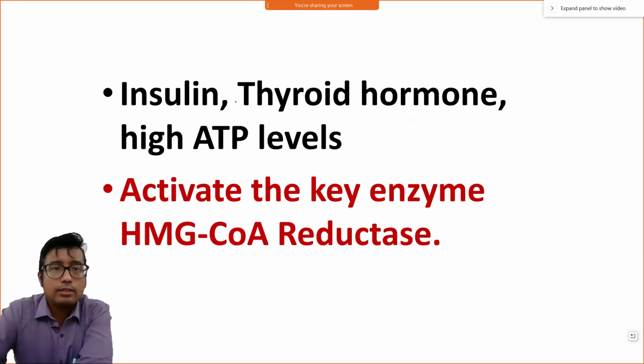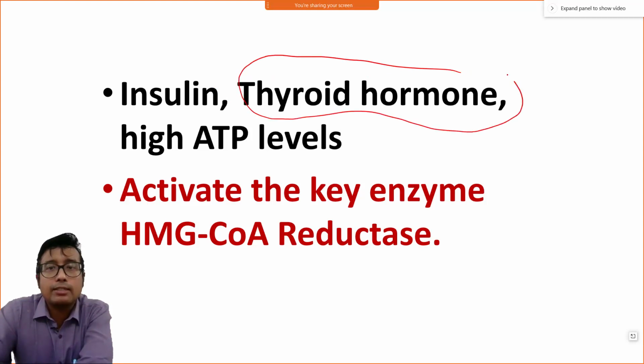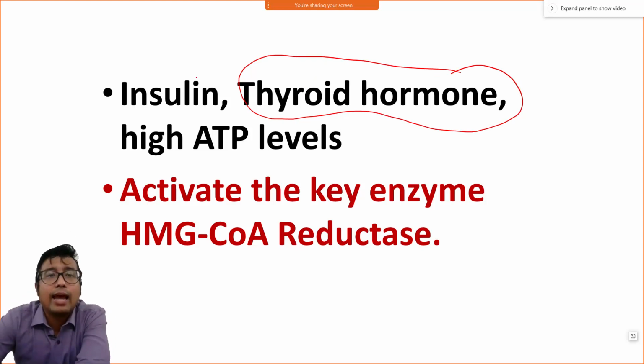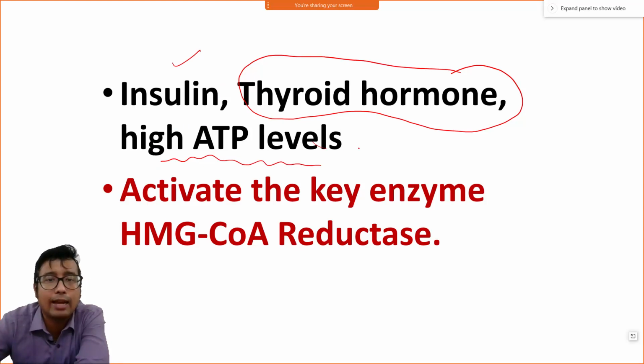However, this is important. Thyroid hormone. In spite of being a catabolic hormone, normally it is a calorigenic hormone, लेकिन यहाँ पे it acts like insulin. High ATP level you already know by now. वहाँ पे low ATP level was inhibiting, therefore high ATP level will activate. This is the key thing to remember. Thyroid hormone actually activates, मतलब increased thyroid hormone will activate HMG CoA reductase.